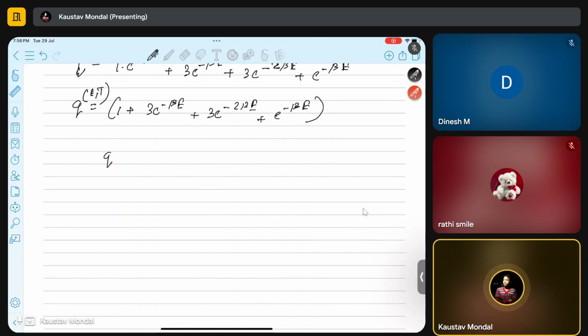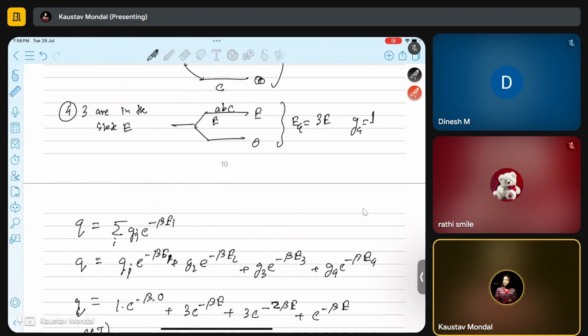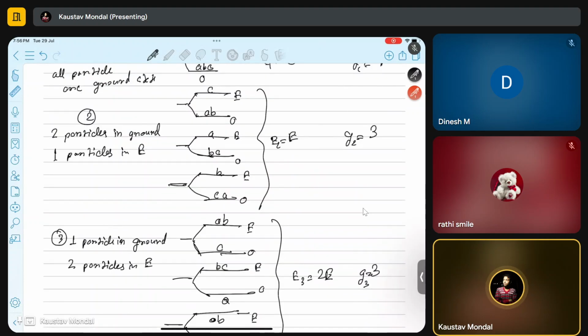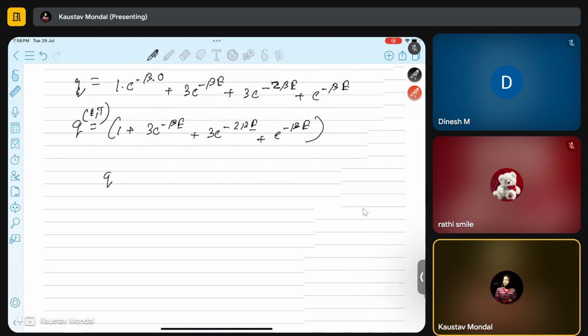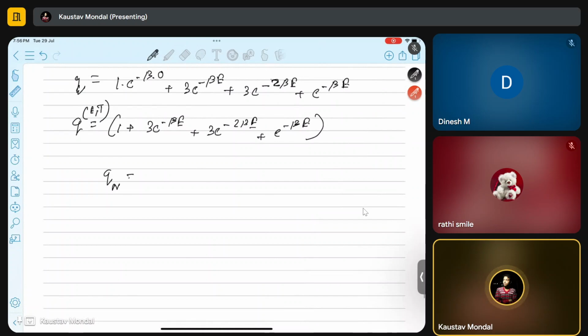So for an n particle system, in this case, the particles are distinguishable particles, right? So for n distinguishable particles, Qn, the partition function, would be simply Q1 to the power n.